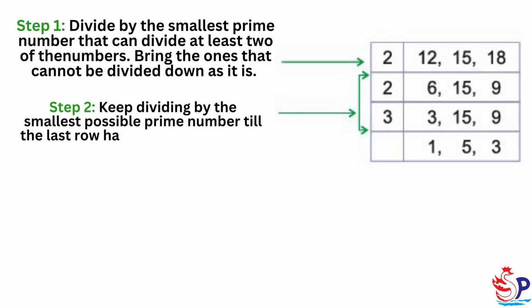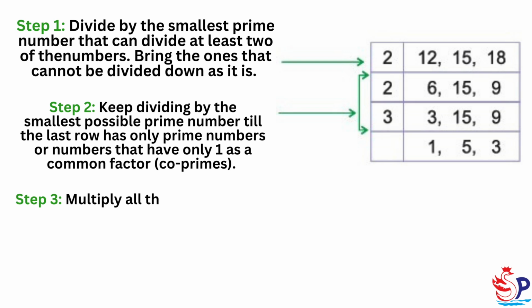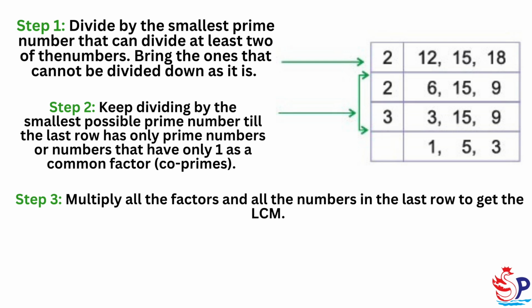Keep dividing by the smallest possible prime number till the last row has only prime numbers or numbers that have only one as a common factor, co-primes. Step 3. Multiply all the factors and all the numbers in the last row to get the LCM. 2 times 2 times 3 times 1 times 5 times 3 equals 180. Answer. LCM equals 180.